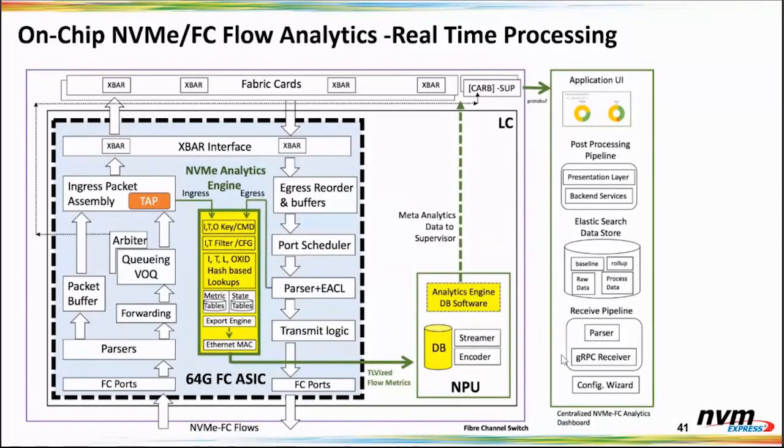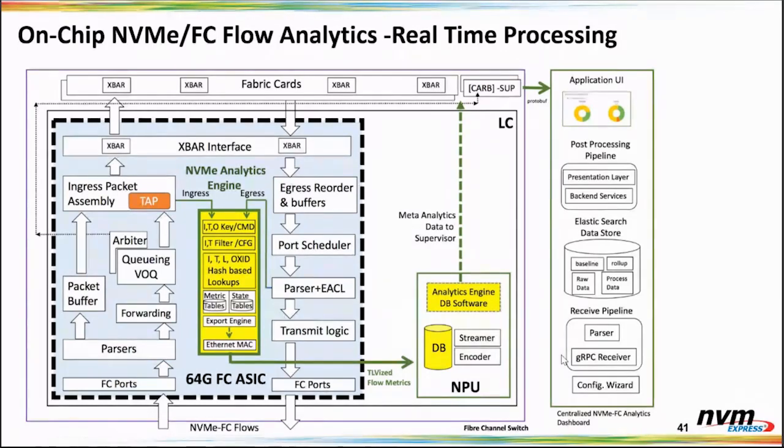Arbitration happens to make sure that the egress port is available and the packet can be accepted. If it is available, arbitration gives a positive go-ahead, and now the packet is going to go through the backplane to the other side, and I will describe the whole egress route. The same thing happens there. But the interesting thing here is that while the packet is going through the ingress packet assembly, which I'm showing, there's an optical tap.